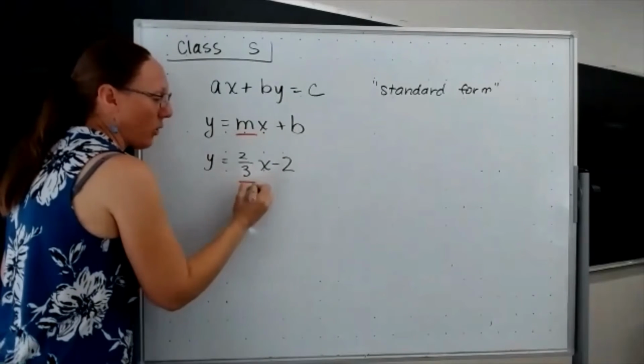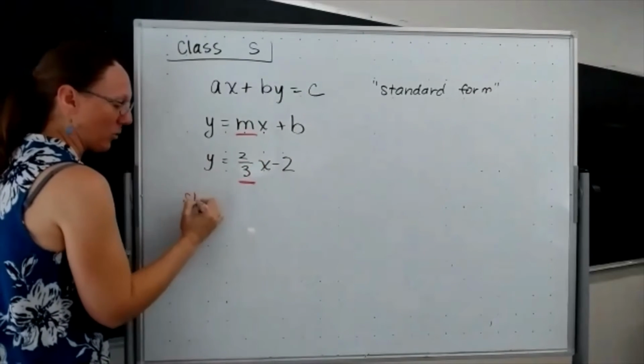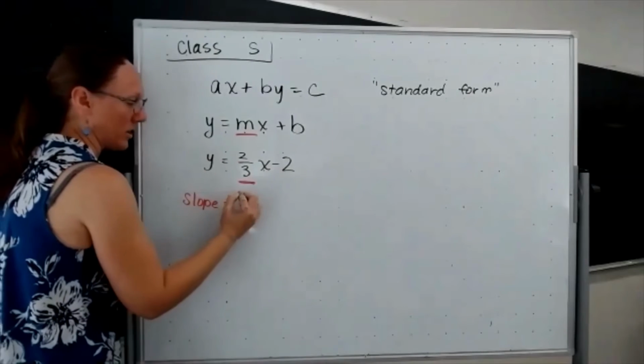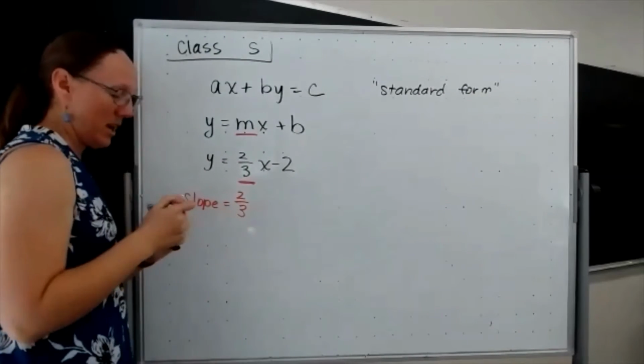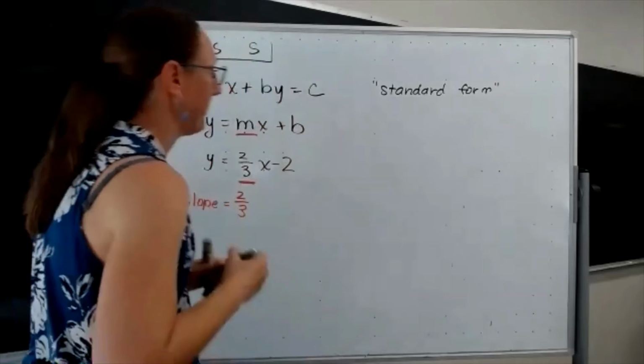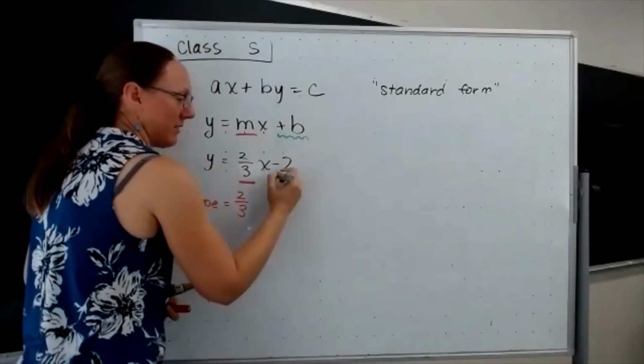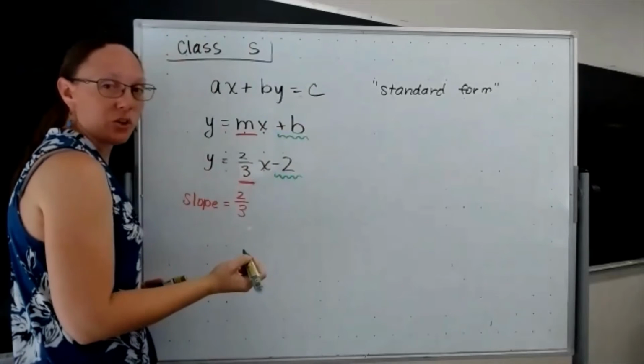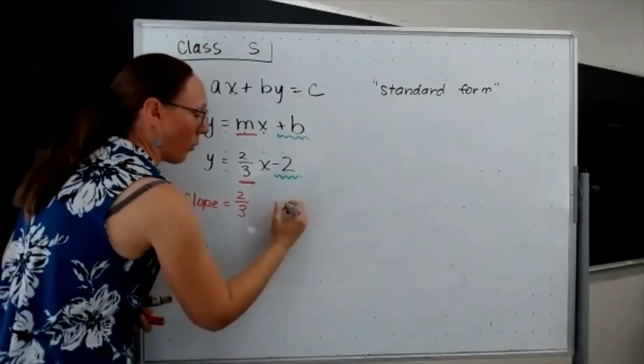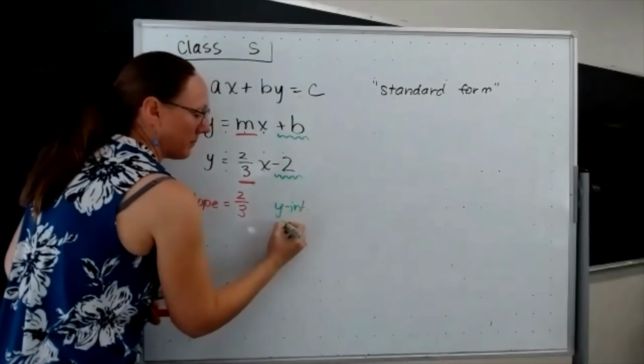So the coefficient on x is my slope. My slope is equal to 2/3. And the value hanging off the back here, -2, tells me that the y-intercept is -2.